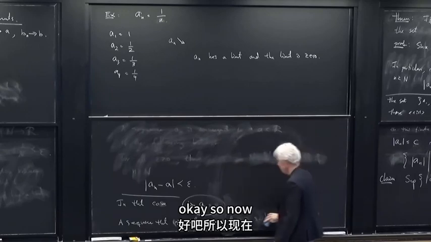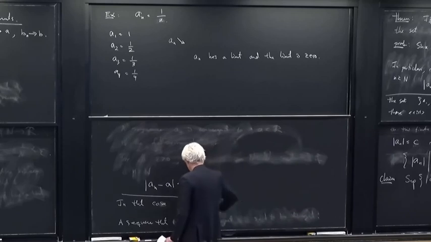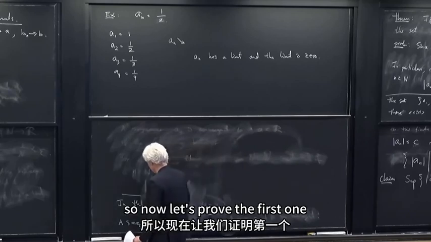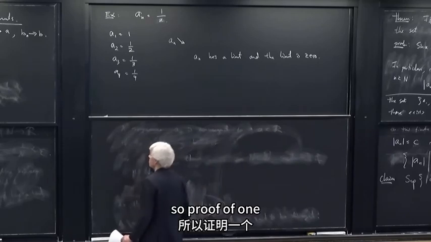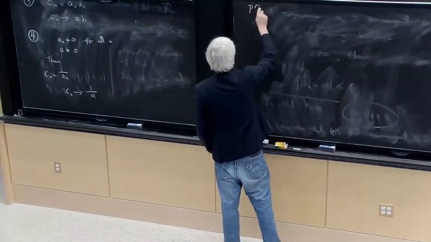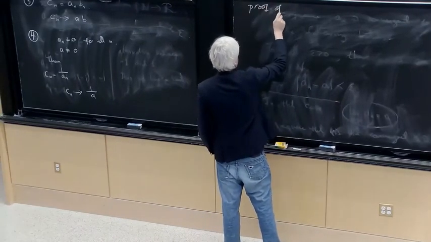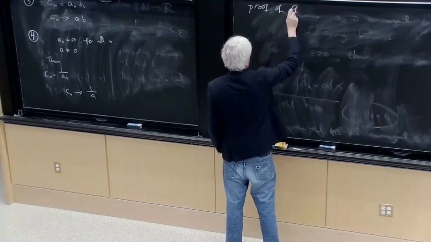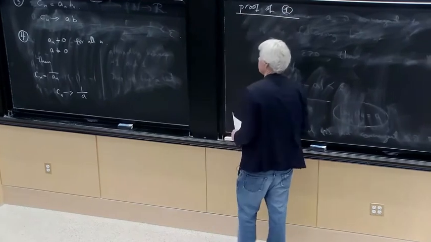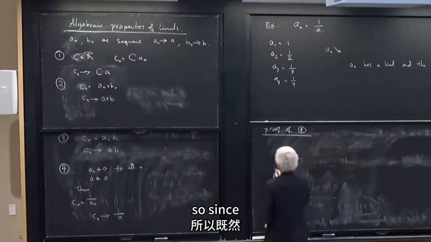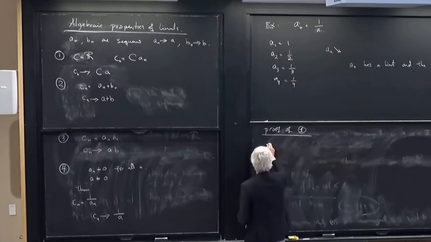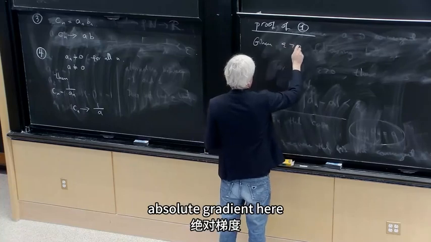Okay, so now let's prove the first one. Proof of 1. So given epsilon greater than 0.